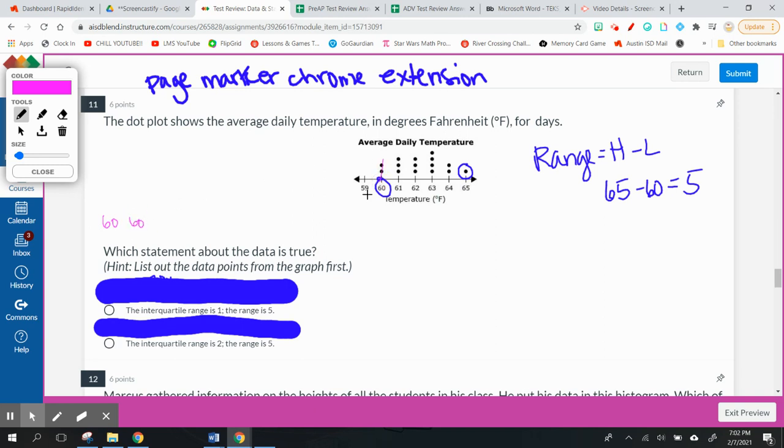So I'm going to mark those off. 3 61s: 61, 61, 61. Mark those off. 3 62s: 62, 62, 62. 4 63s: 1, 2, 3, 4. 64, 64, and our last one, 65.